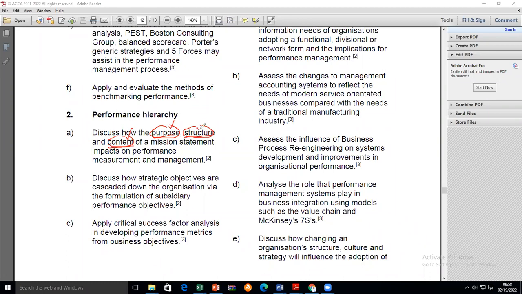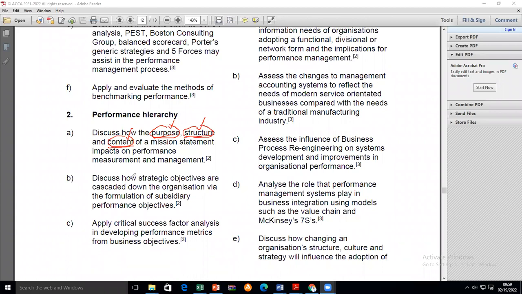So you must be able to break down the mission statement because you have to comment on the mission statement.